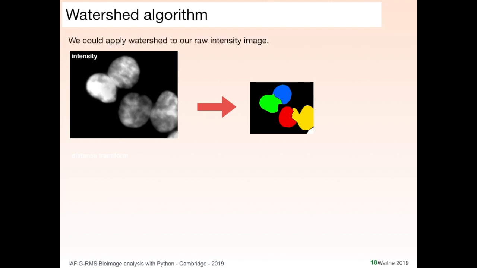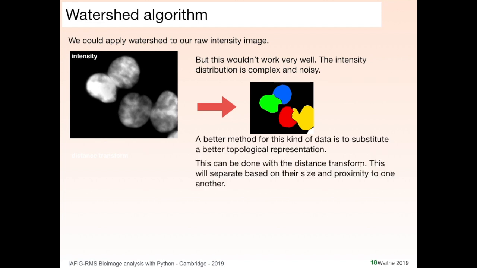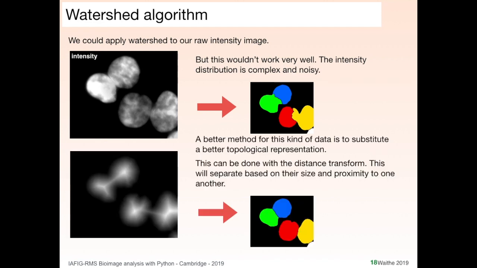And a very common approach is to do the watershed on a distance transform of our image. So what we do is we segment it, and then we do a distance transform. So we start at the edge and we start counting up. And we go round and we count up, and then once we've got round to the beginning, we go up another increment and we keep going round until in the center of our objects we have these peaks.